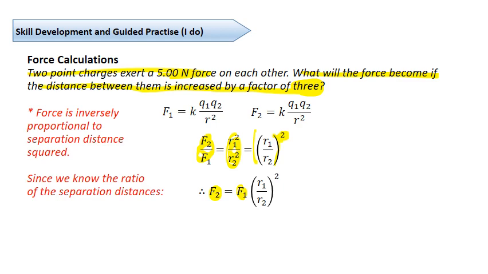What this allows me to do is make some really nice substitutions, because I know that the point charge exerts a 5 Newton force, and I know that R1 and R2 differ by a factor of 3. I put it into my fraction here, and I get force number 2 will be 0.556 newtons. A little bit of a tricky one there, but nothing that you aren't capable of.